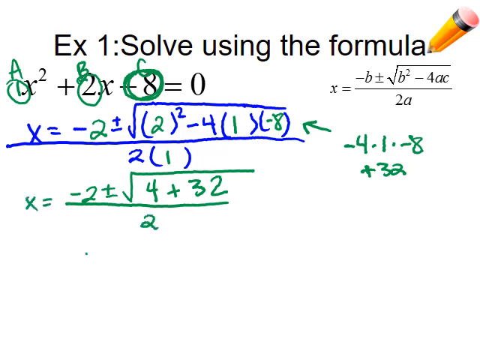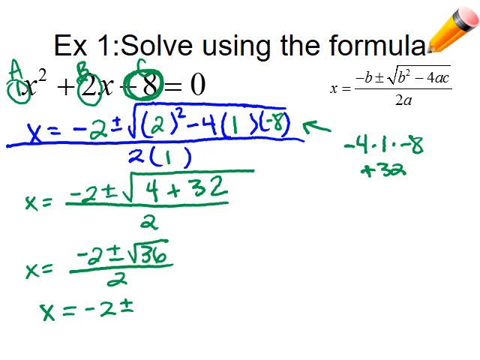Let's keep reducing what's underneath the radical. We end up with 36 all over 2. Square root of 36 in this case is actually a perfect square, plus or minus 6. Now in this example, we ended up with nice numbers, meaning no radicals, no imaginaries. So I can actually separate this into two equations.